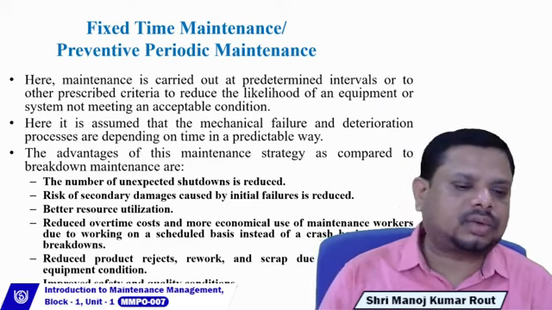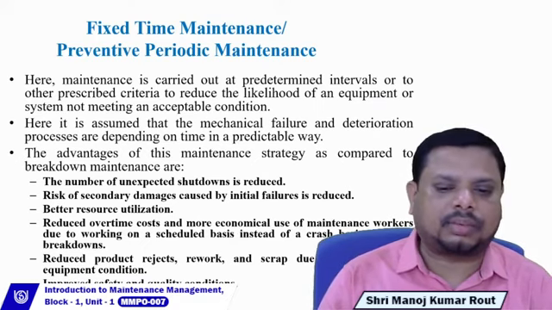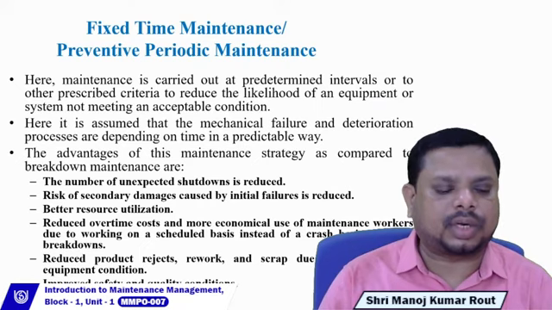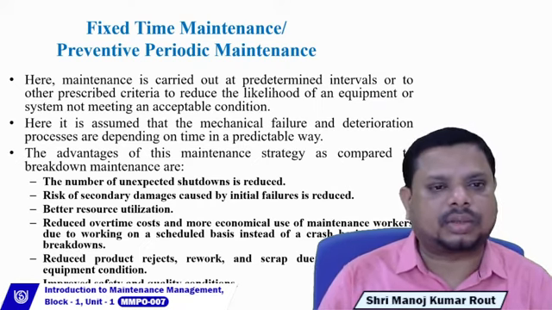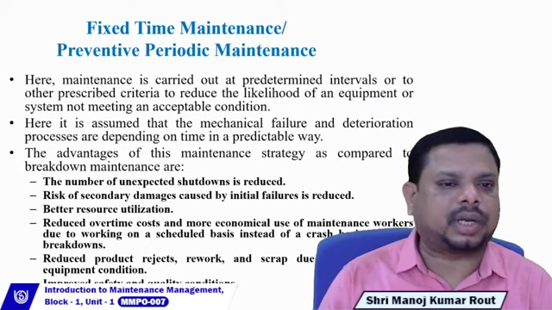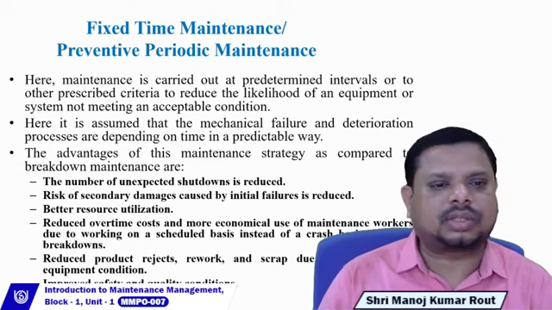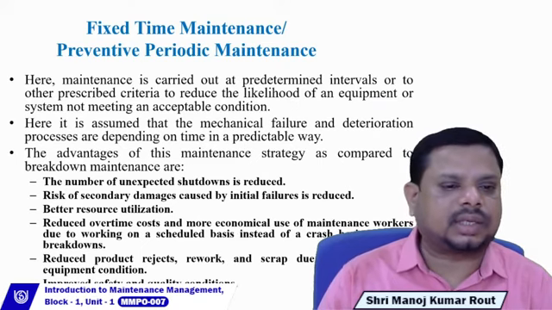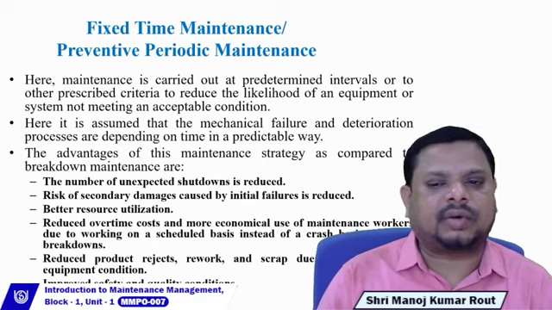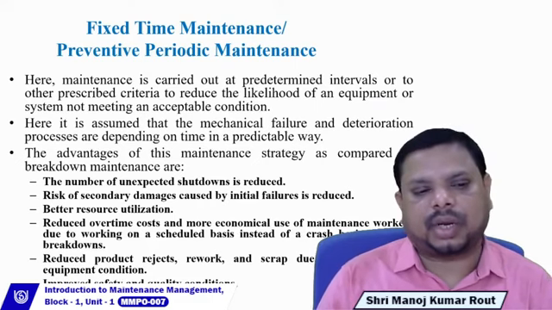The next is reduced product rejects, rework and scrap due to better overall equipment conditions, and it also improves safety and quality conditions. So whenever you go for fixed maintenance, which is preventive maintenance, these are the basic advantages compared to breakdown maintenance.